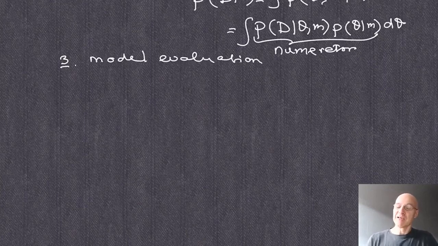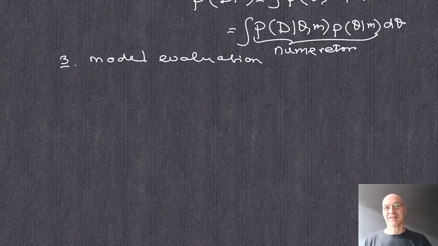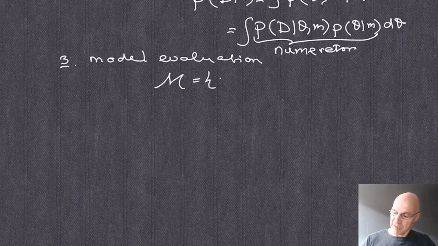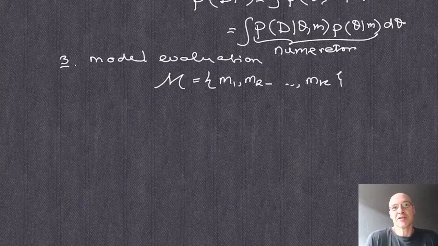Well, basically, there's no point in coming up with a number here unless we have another number for another model, right? So we need to assume some alternative candidates. So let's assume we have some model set, M1, M2, all the way through M capital K. These are all alternative models, and I want to pick now one of these models. I want to find out which one of these models is the best model.